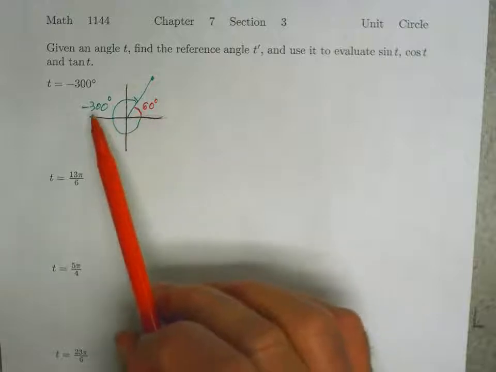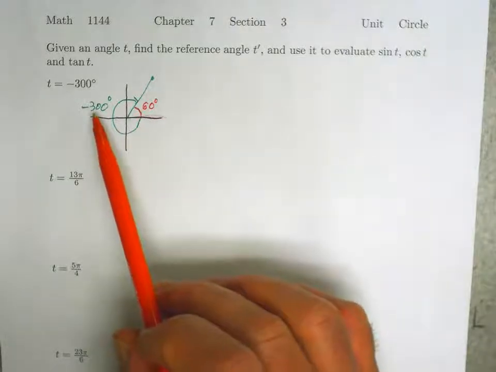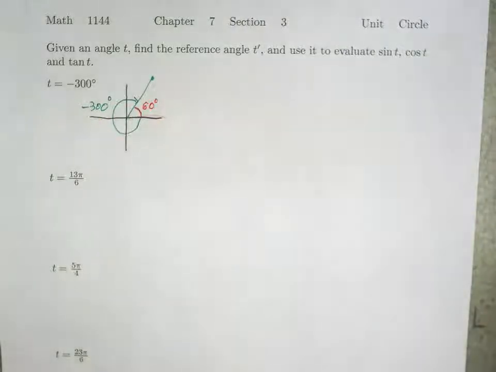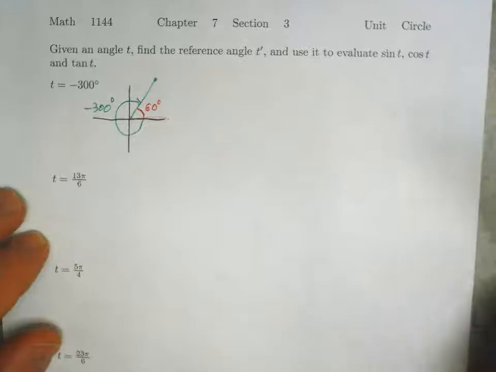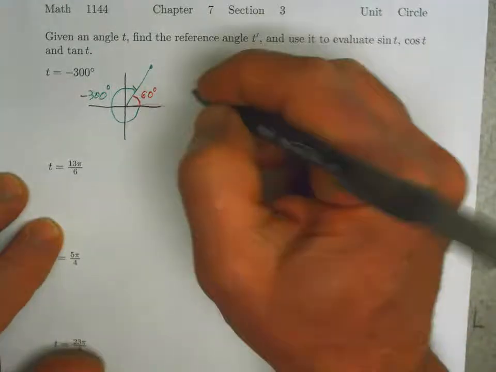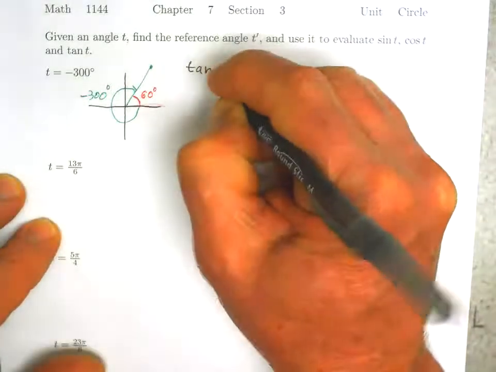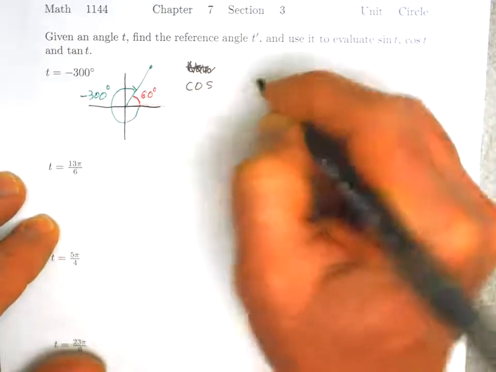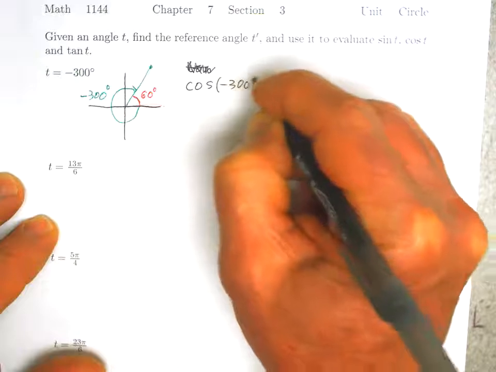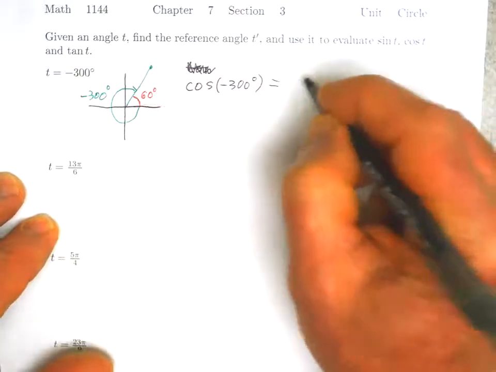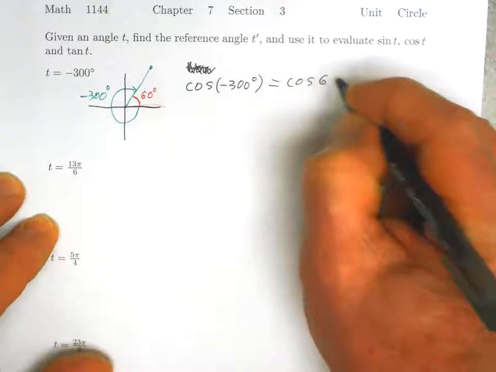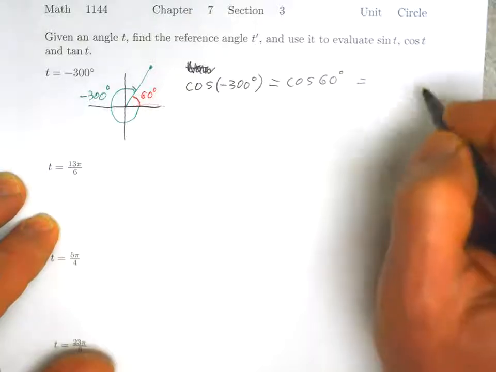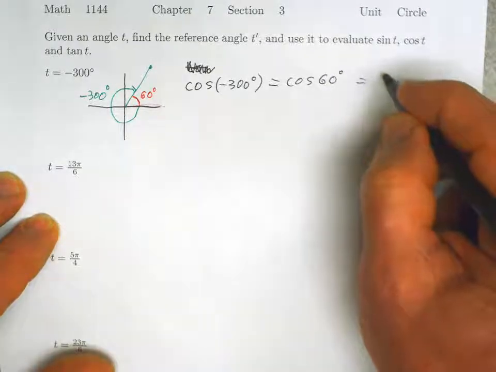Well, since the terminal side of negative 300 is in the first quadrant, sine and cosine are positive, and so is tangent. So let me start with cosine of negative 300 degrees is equal to cosine of 60 degrees. And we know that cosine of 60 is equal to 1/2.